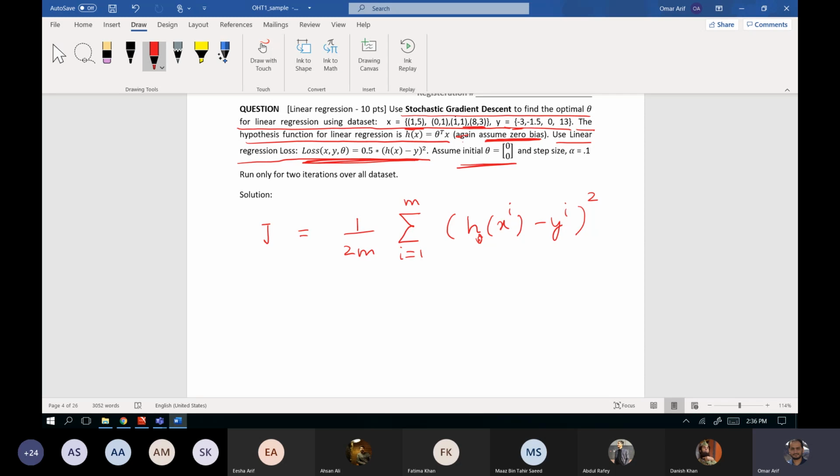Okay, this is my loss function, or cost function, and I have to minimize this one.